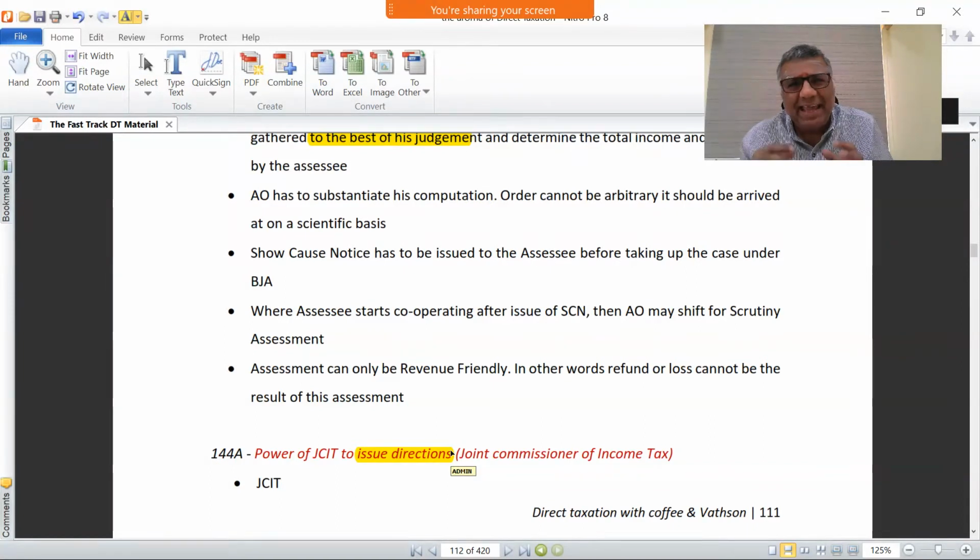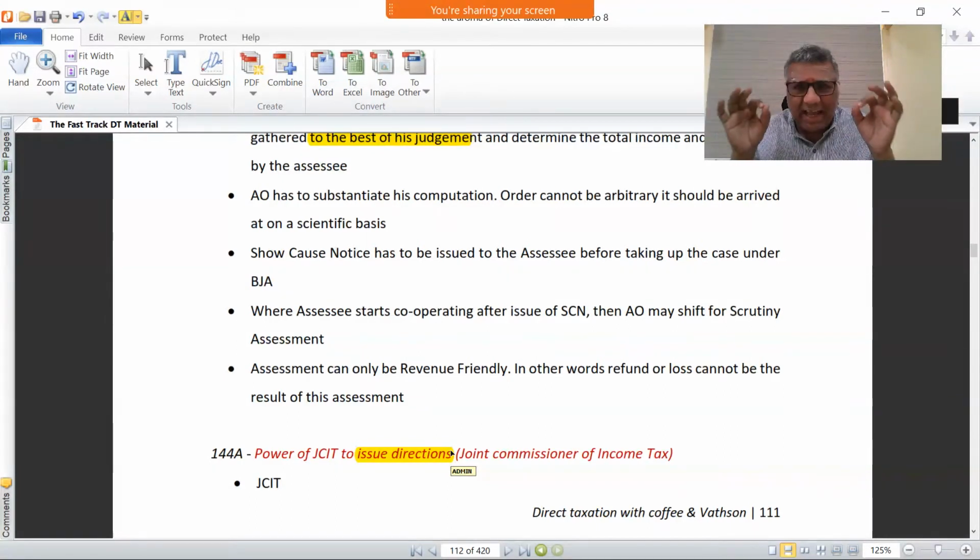Okay? A case is prolonged. The case is taken for assessment, but it is getting prolonged, either due to assessee or due to assessing officer.